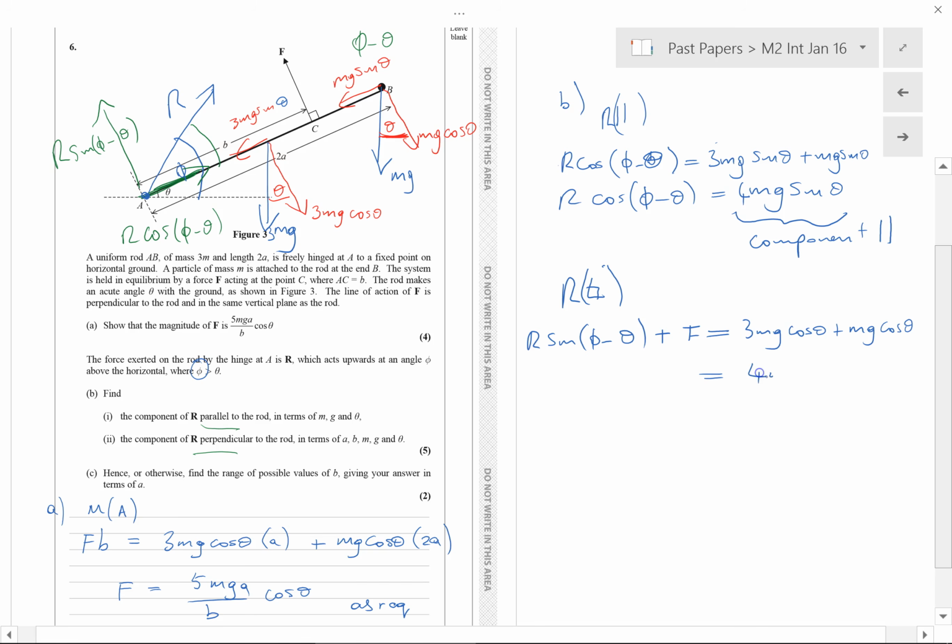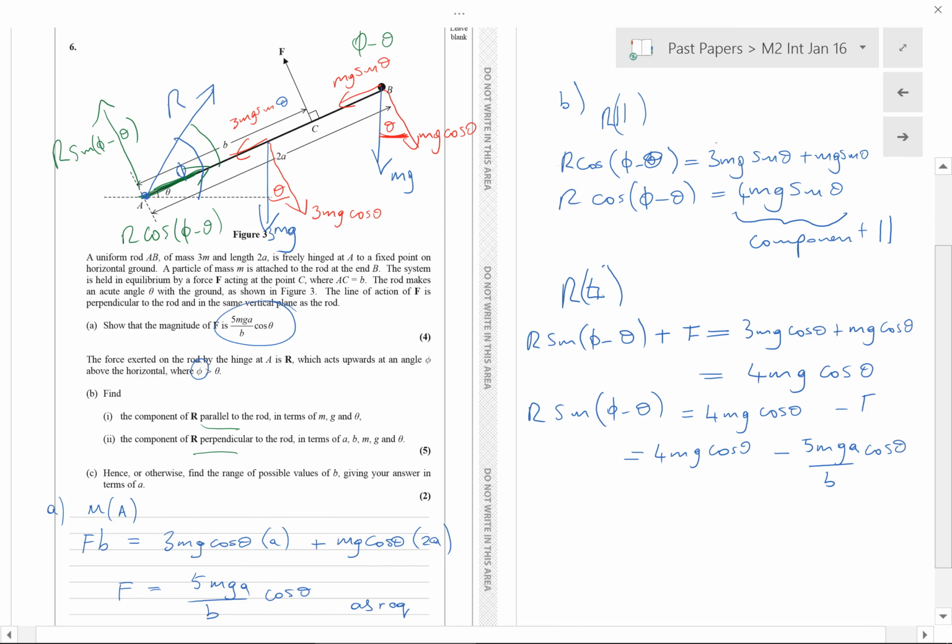So that equals 4mg cos theta. Let's rewrite this. R sine (phi minus theta) is equal to 4mg cos theta minus F, and we've got F from before, we proved that, 5mga over b cos theta.